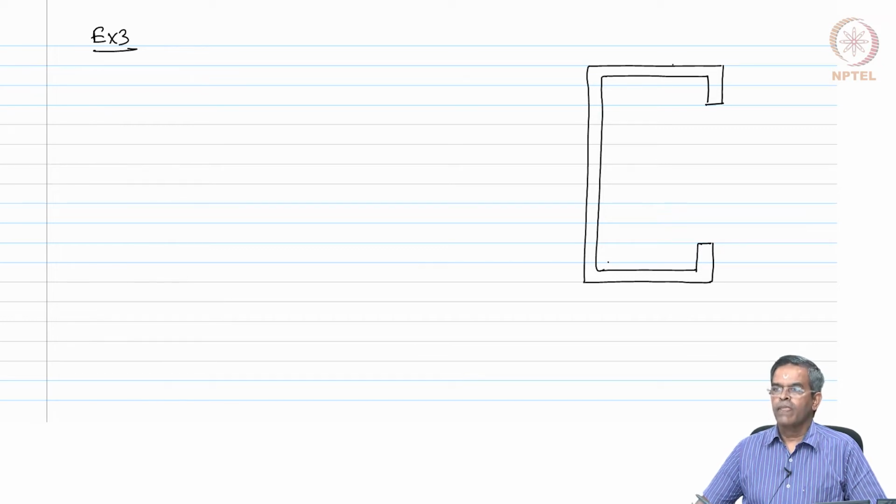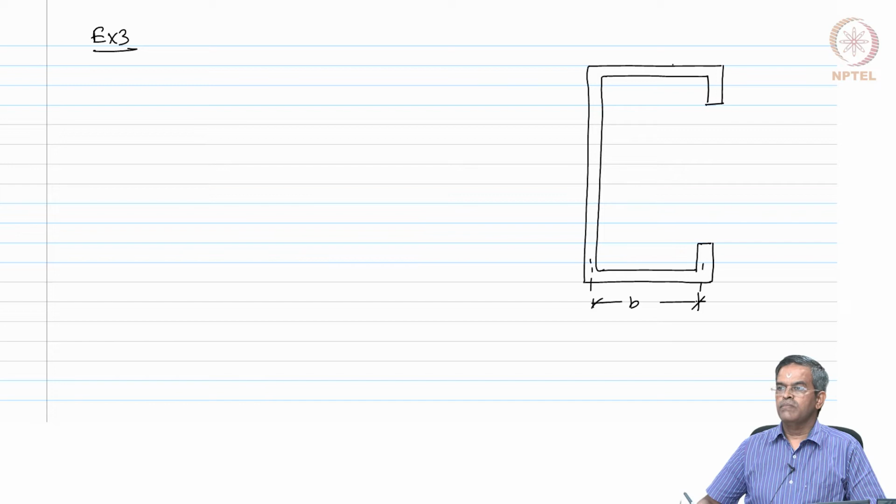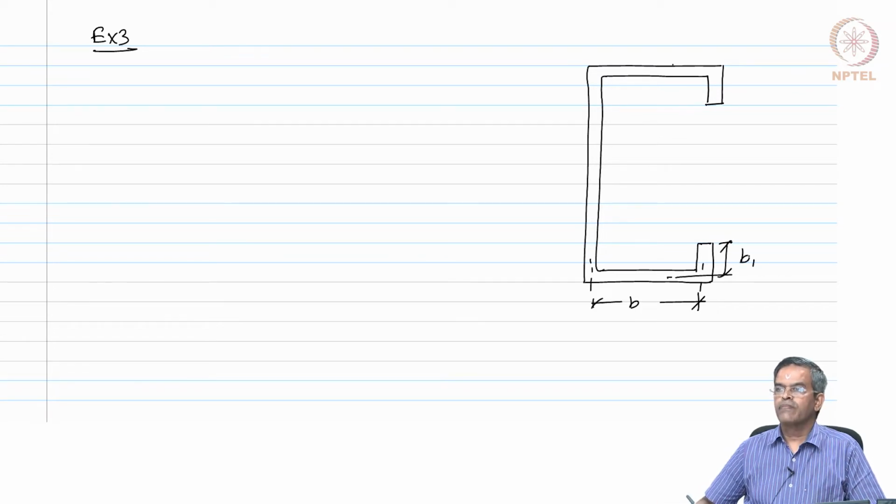Okay. So, let us say the dimensions are marked as shown in the figure. This is B. Let us say this dimension is B1.